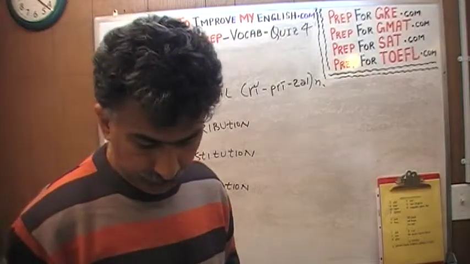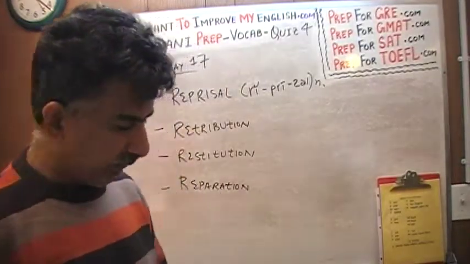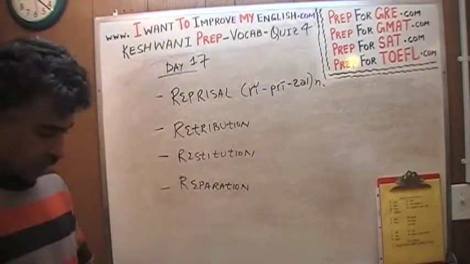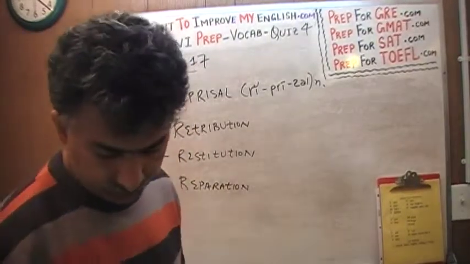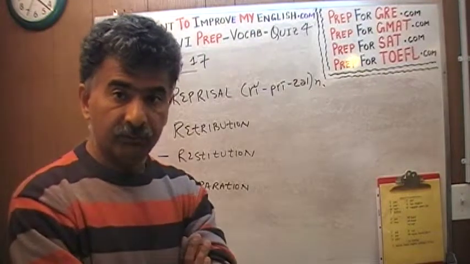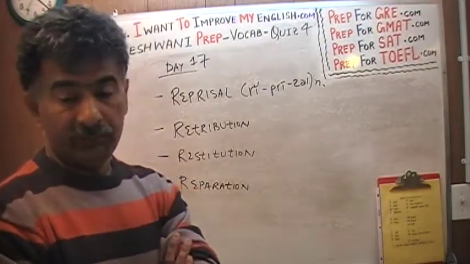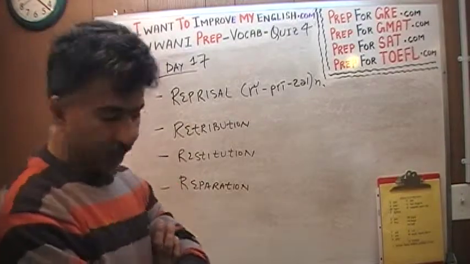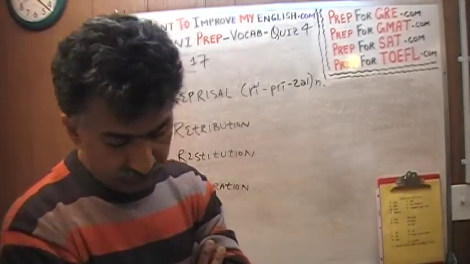What does reprisal mean? Reprisal means payments that you may require from somebody for the damages that the person has done to you. Either you require payment for those injuries, for your damages, or you go and inflict the same pain and injury on that person, take a revenge. That's reprisal. Restitution is not the same.